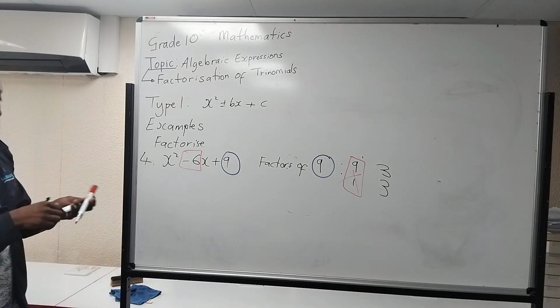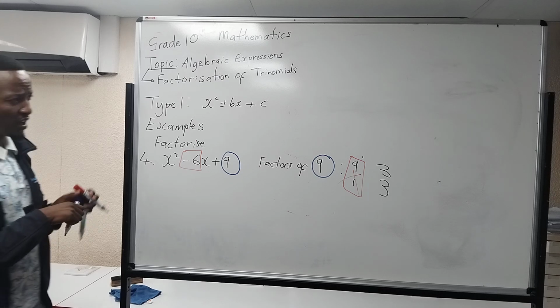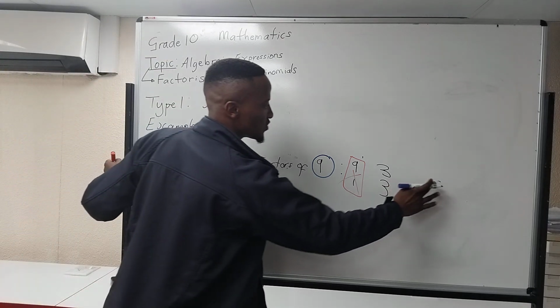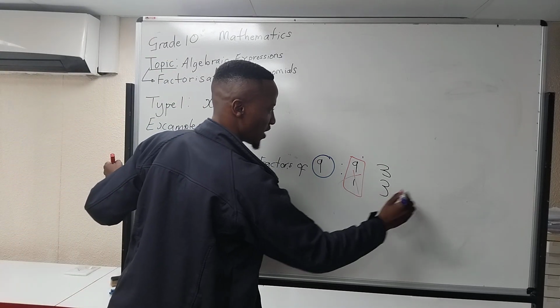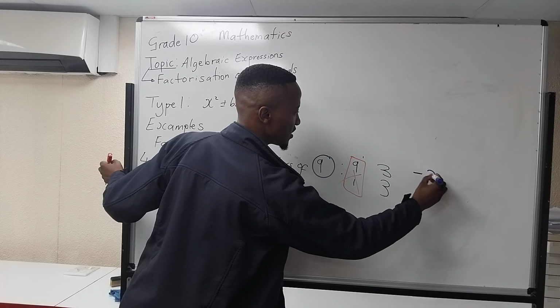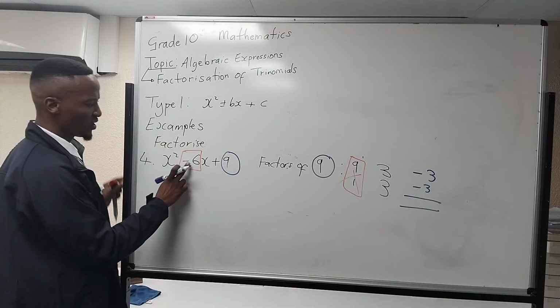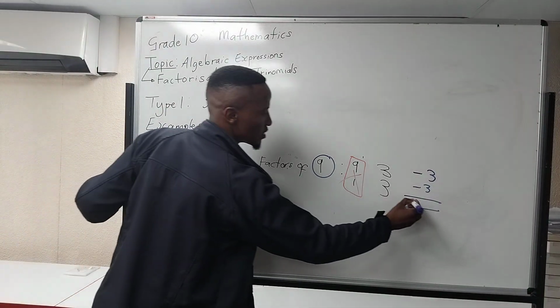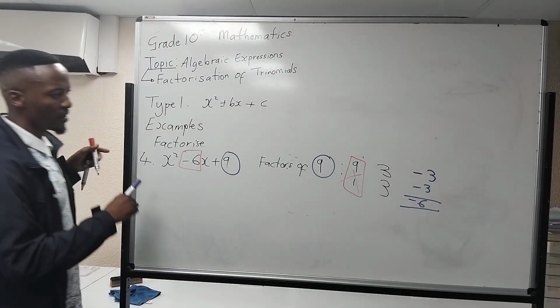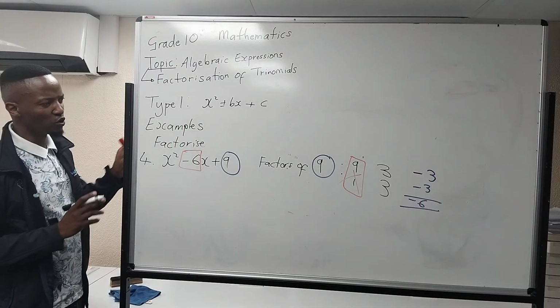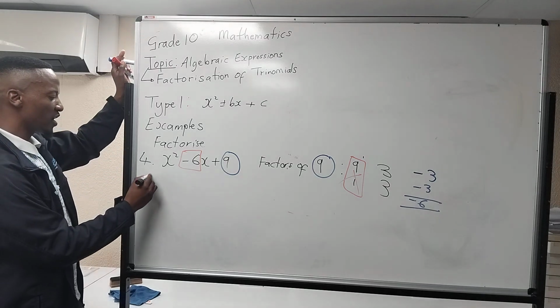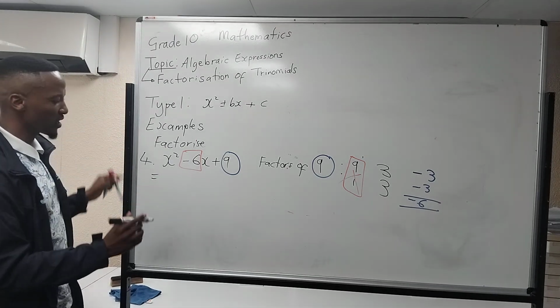So we will now use pair number 2, the second pair. On the second pair, we have to select the factors. I'm selecting these ones, -3 and -3. They will give me -6. Now we have to conclude with step 3. Step 3, we are now factorizing. We complete the brackets.